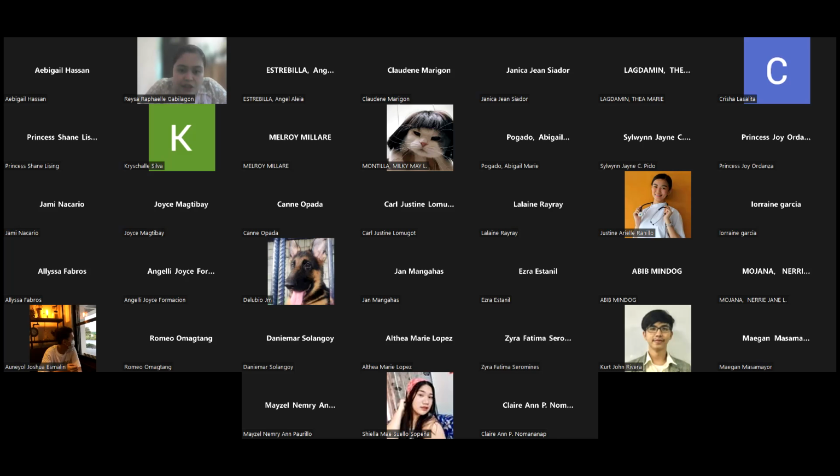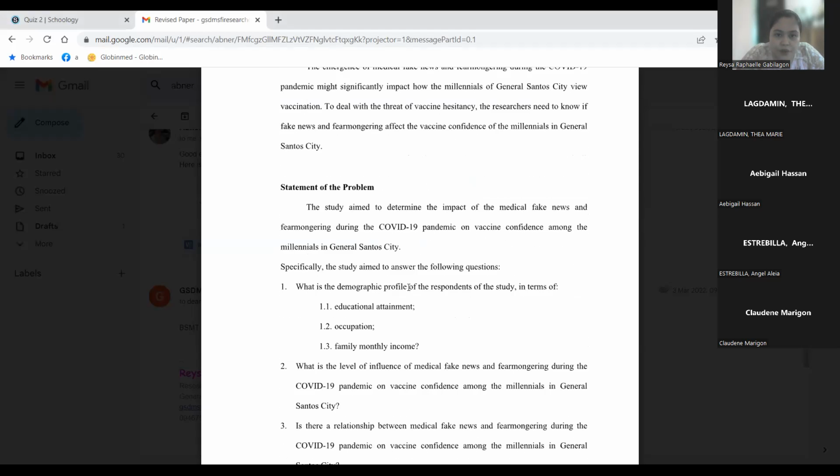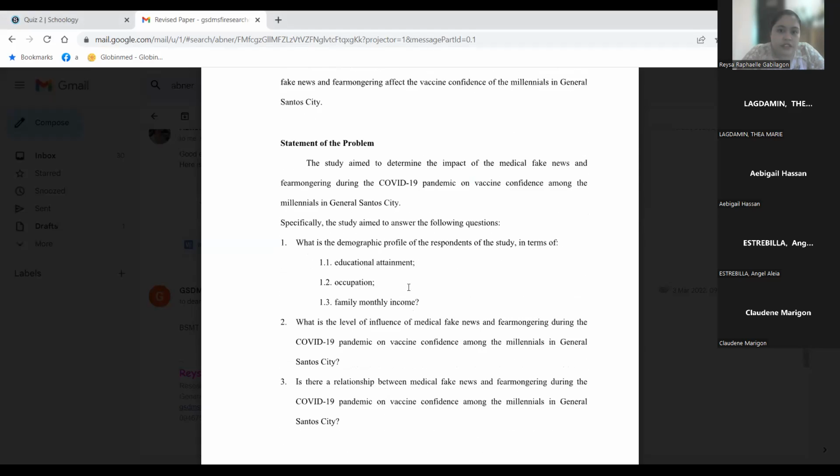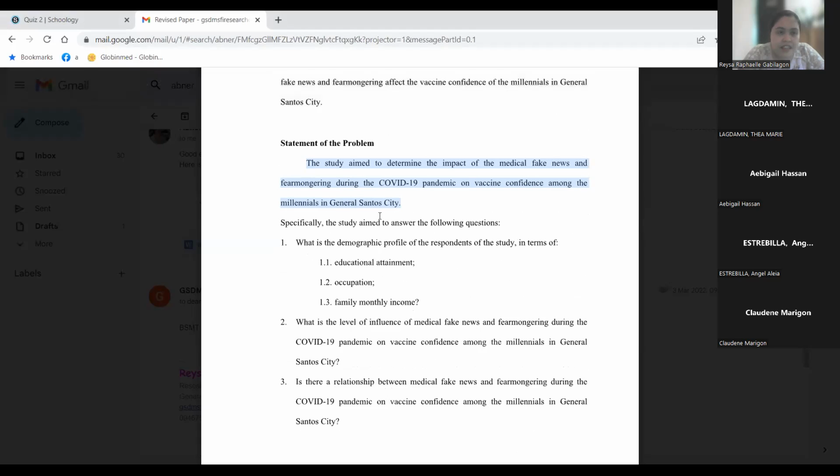Now, let us look at our example a while ago. So we have it here. After the introduction, we have the statement of the problem. So as you can see, they restated the objective of their study. And then we have here the specific questions.